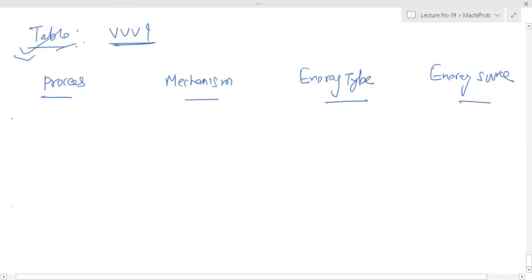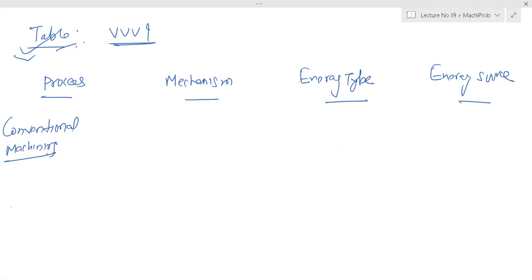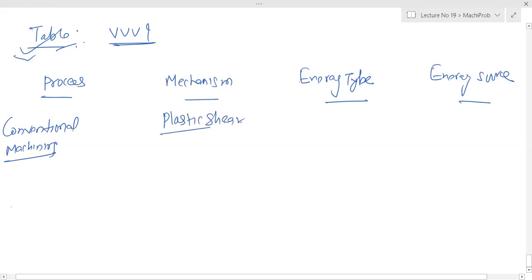Suppose there is a conventional machining process. One tool penetrates, and a shearing force acts on the workpiece, and because of this shear stress, material is removed. So what is the mechanism? The mechanical mechanism is shear, that is plastic shear. Shearing force and shearing stress come into the picture. What is the energy type?